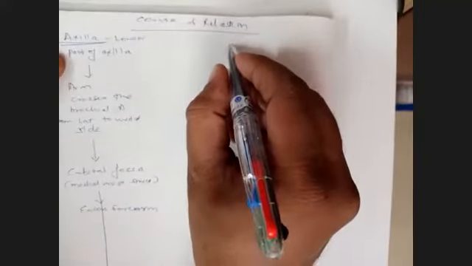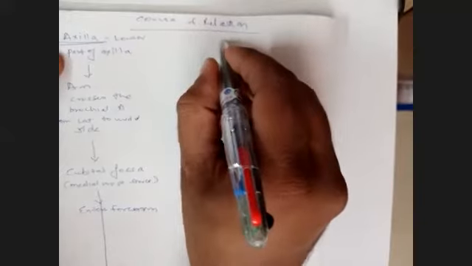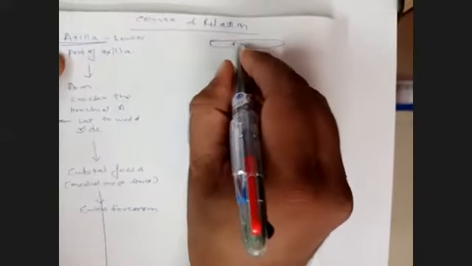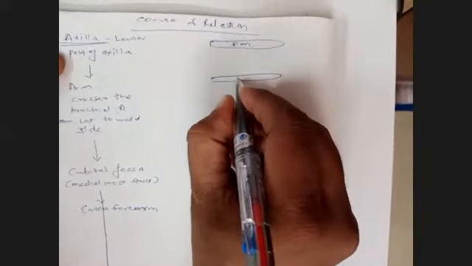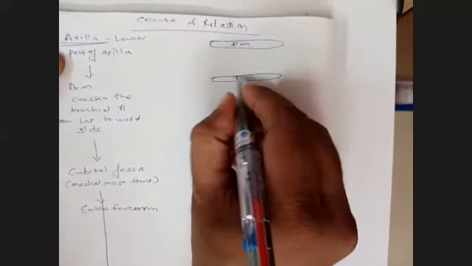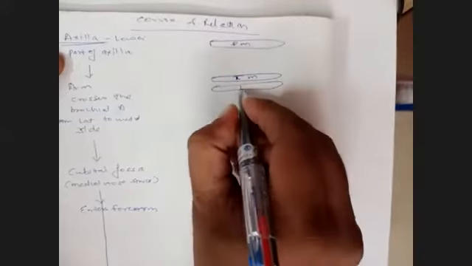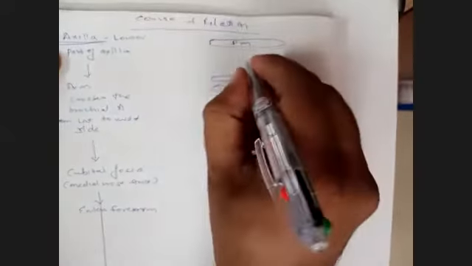Now let us study the relations. In the lower part of the axilla, it is in close relation with the third part of the axillary artery. So we again draw our diagram. Pectoralis major anteriorly; subscapularis, latissimus dorsi and teres major posteriorly. Here is the axillary artery.